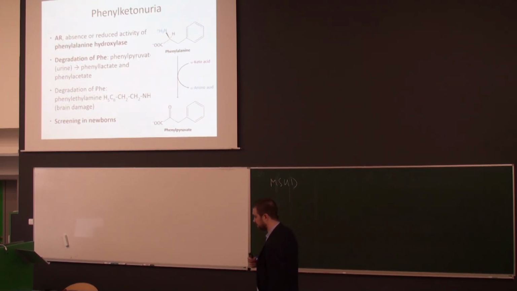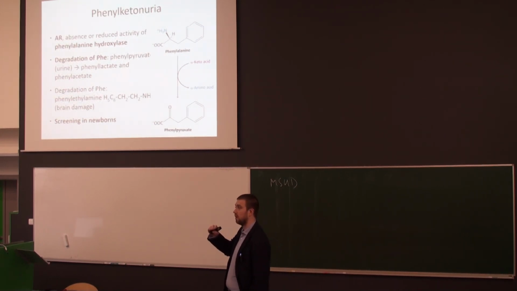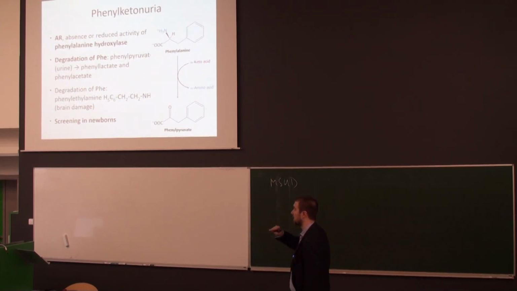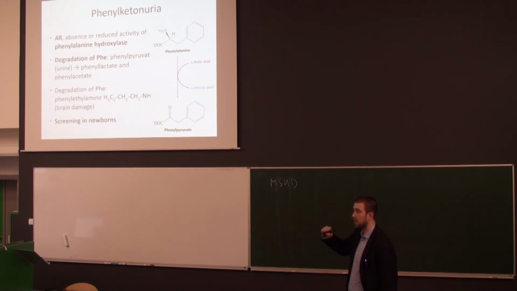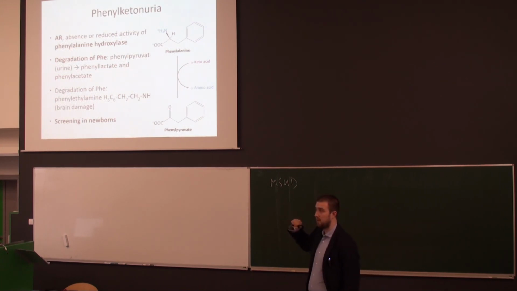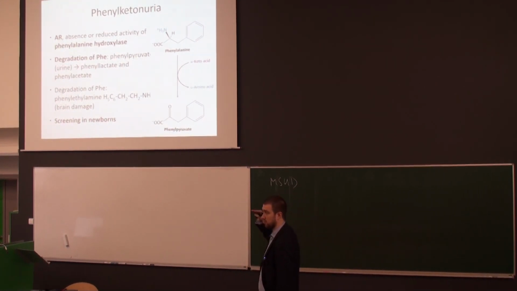And therefore, if the level of phenylalanine is high and it cannot be converted to tyrosine, you will produce an increased amount of this toxic compound, and it will lead to irreversible brain damage.